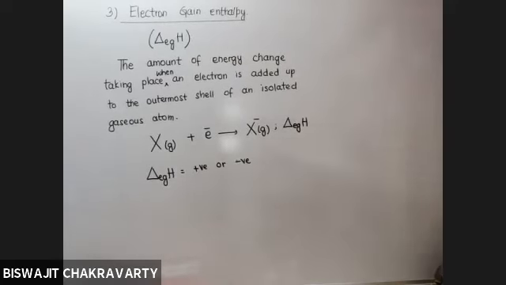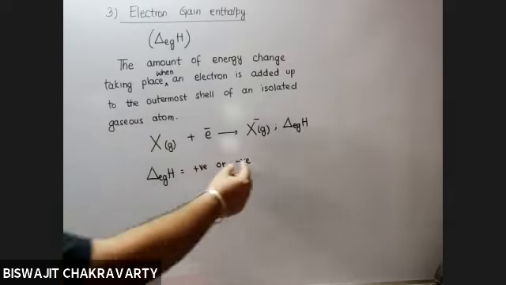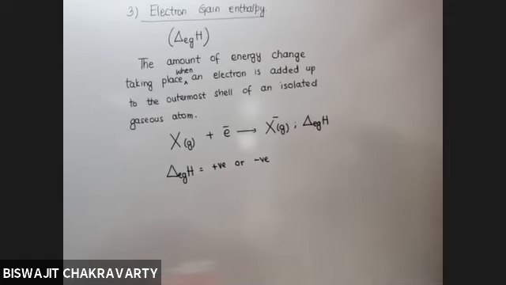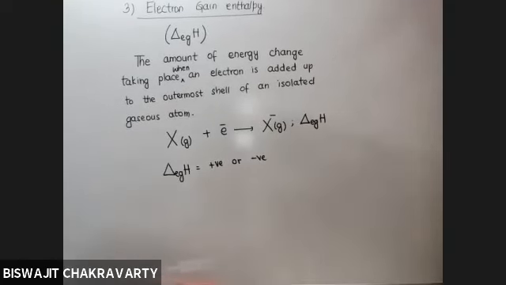So what kind of atoms will show the negative value? Always remember, whenever energy is released during the process, the processes are called exothermic in nature. And whenever energy is absorbed during the process, it is referred to as endothermic process.